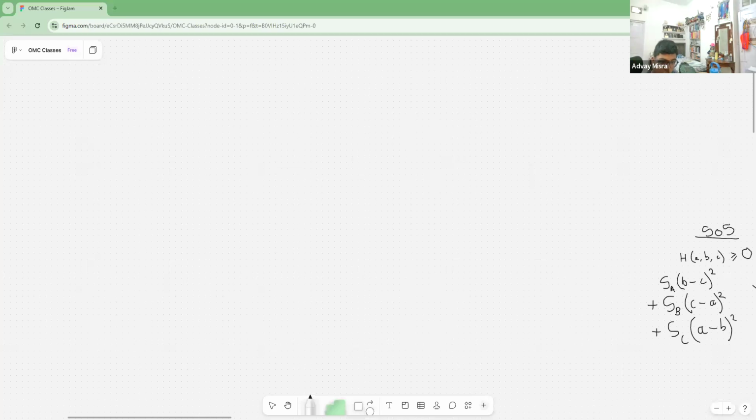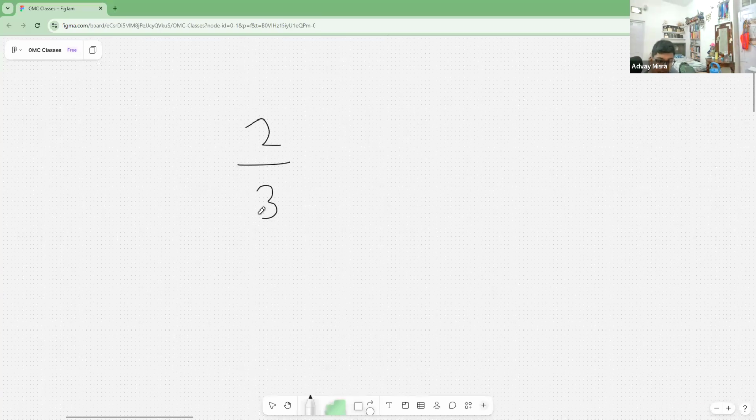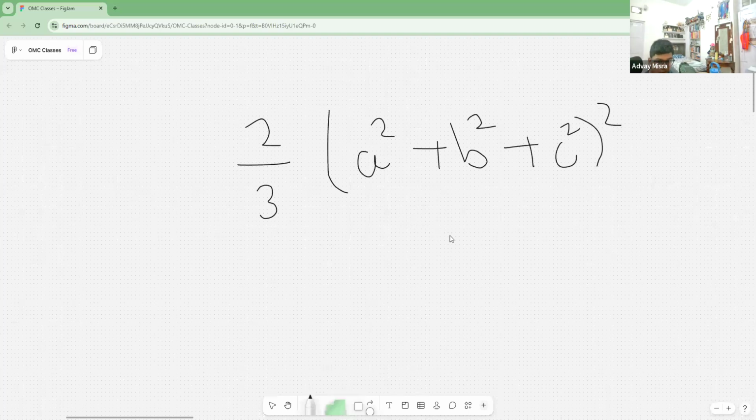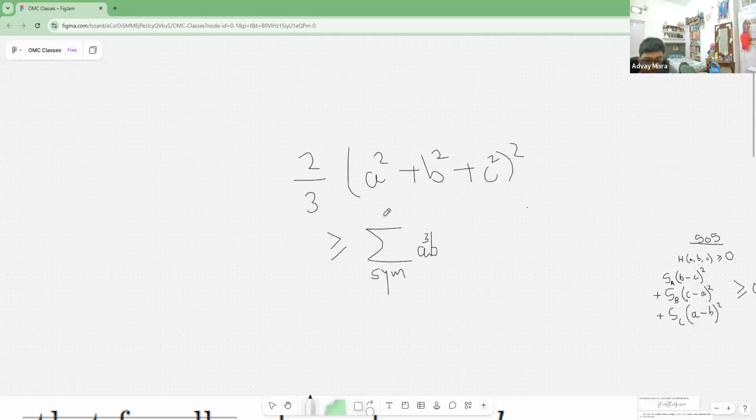Okay, so to take an example of why SOS is useful, suppose we are trying to prove this thing. So this is what we're trying to do.